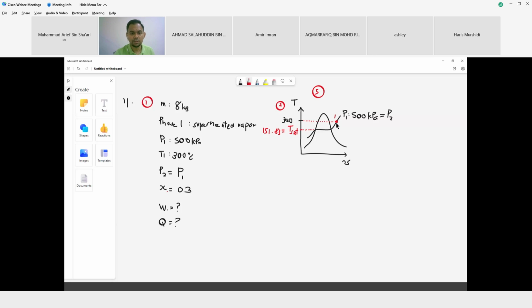That means state number 2, the phase is saturated liquid-vapor mixture. Since we have x equal to 0.3, the state 2 is somewhere here, in the saturated liquid-vapor mixture region. And the process looks like this, from 1 to 2.